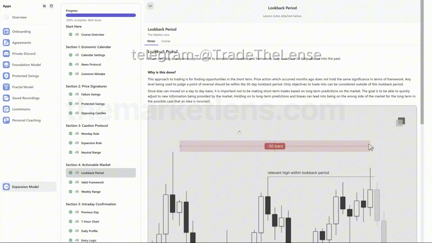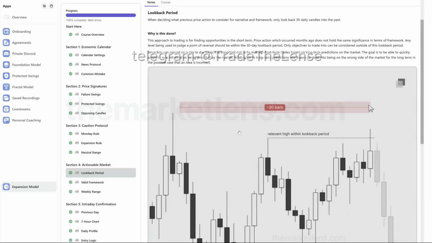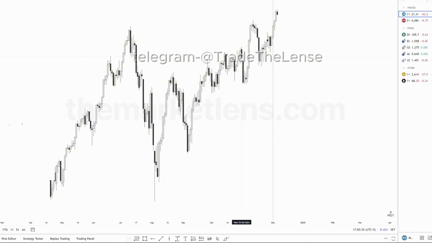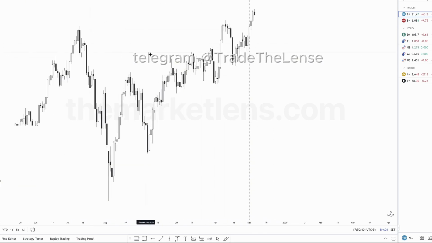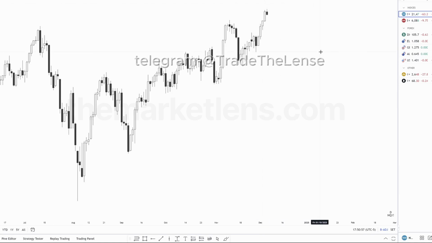We don't want to be looking so far back in the past, because as price goes on, especially when we're looking to frame reversals or just relevant points in the market, like this high so far back, maybe it means something, but when we look at really far old areas of price action, when we're focused on short-term opportunity, this is not as relevant. And I would prefer that people look towards more recent times, because that's going to have a larger impact on how the market is moving, at least in the short term.